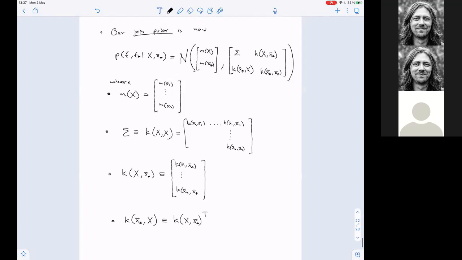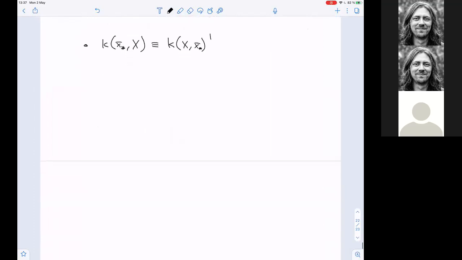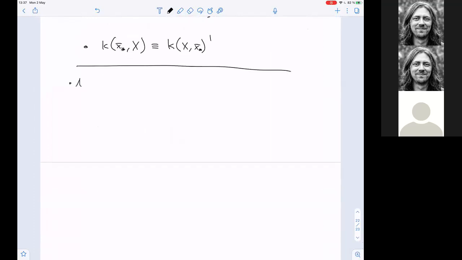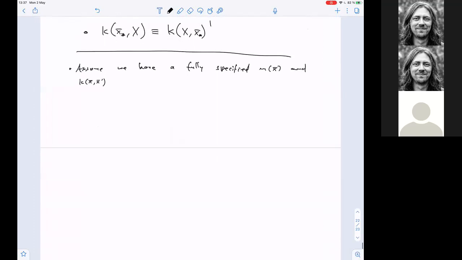So if we assume that we have a fully specified M function and a covariance function, our goal is a predictive posterior distribution for the unknown F star.